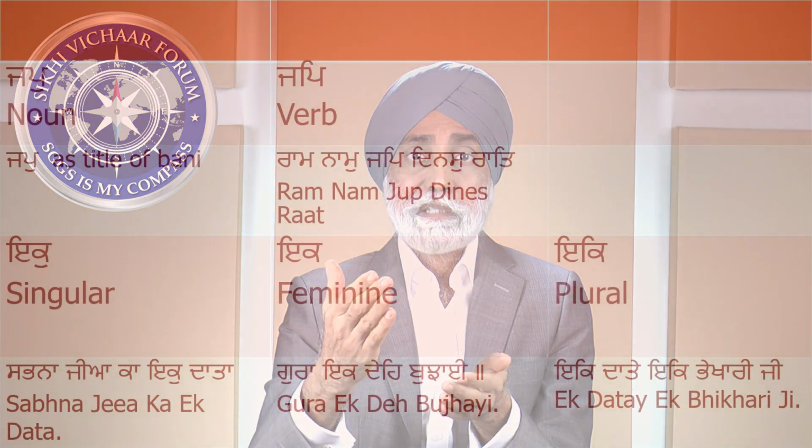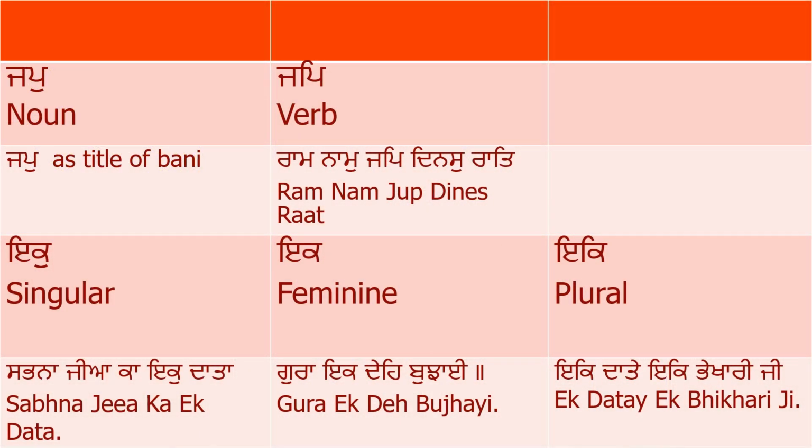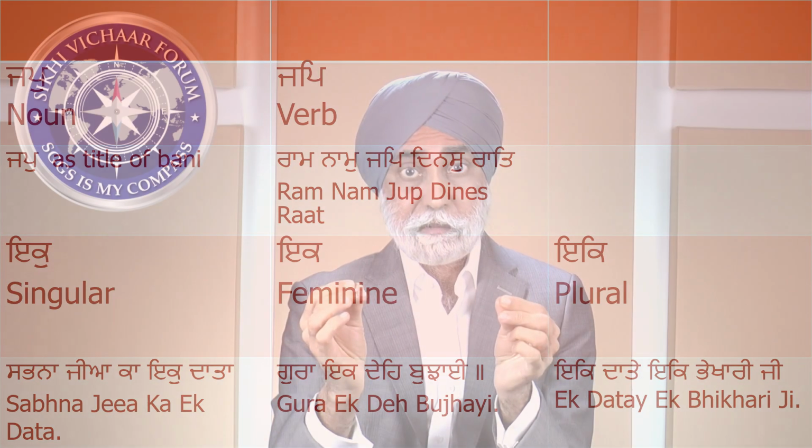It is meri gadi. So the use of mera or meri, masculine or feminine, is decided by what comes next. The gender of ek in the verse Guran ek de bujai is decided by the word bujai, which is feminine.